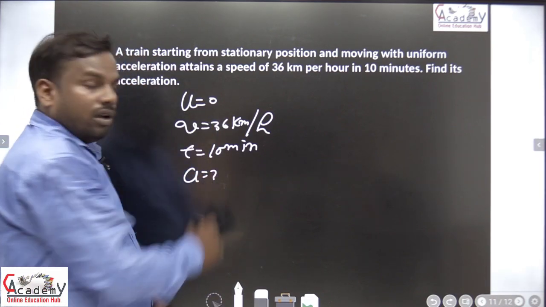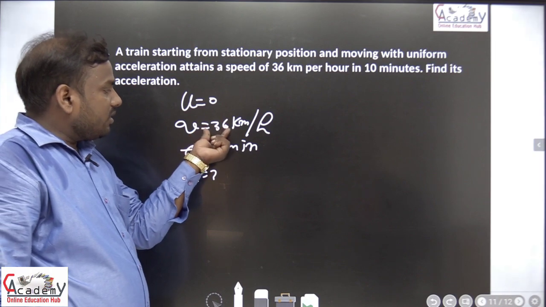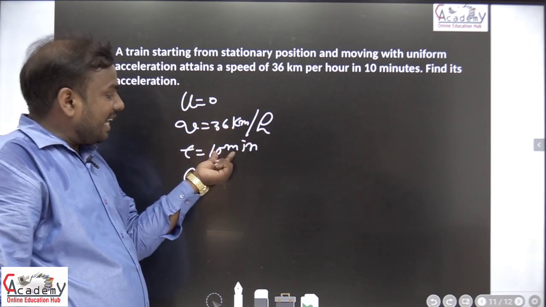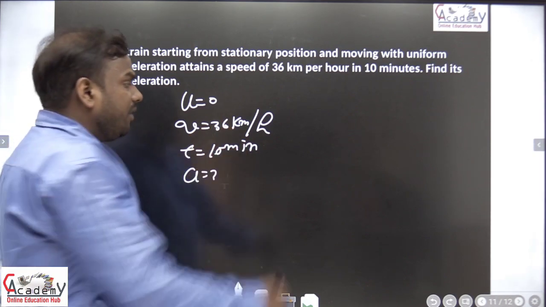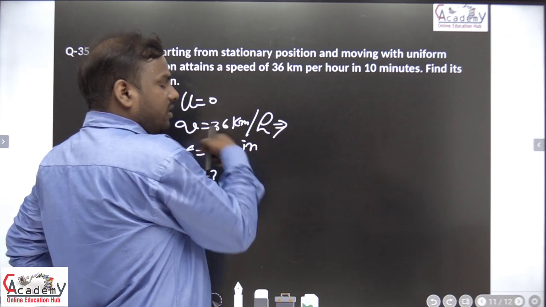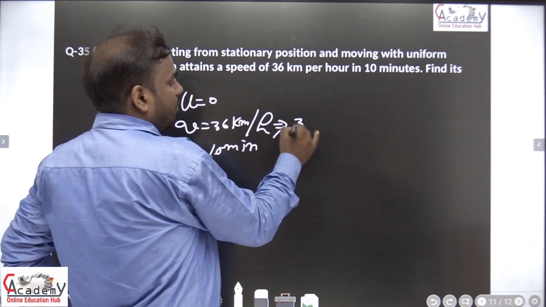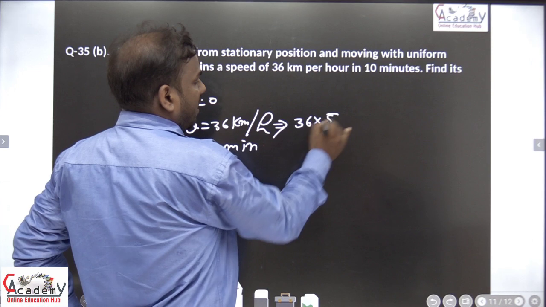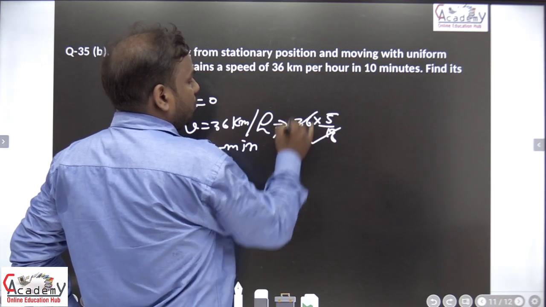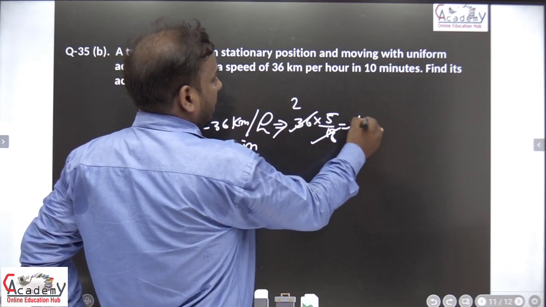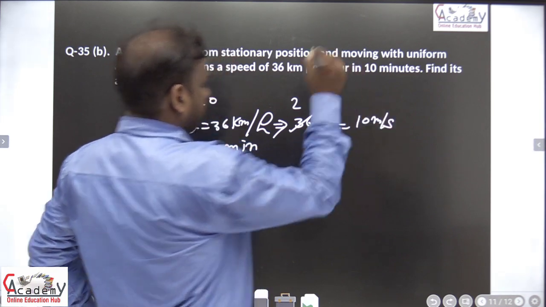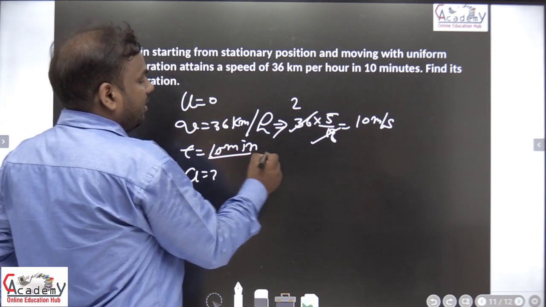Students, here velocity is in kilometer per hour and time is in minutes. Then we have to change to the same unit. So we have to multiply 36 by 5 by 18. 18 2s are 36, means 10 meter per second. That is the final velocity, and time here is 10 minutes.